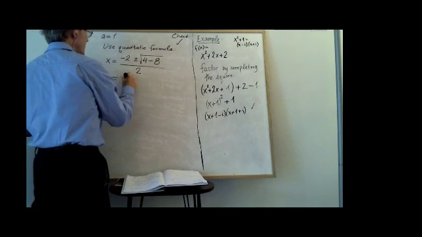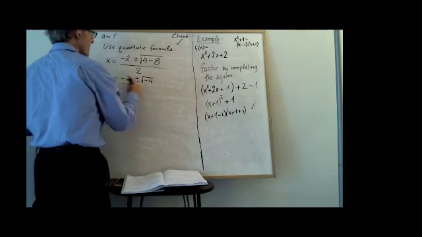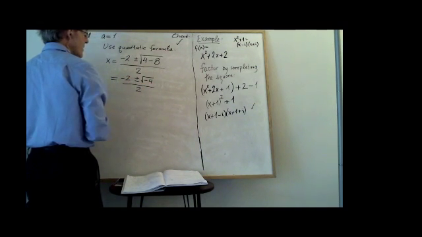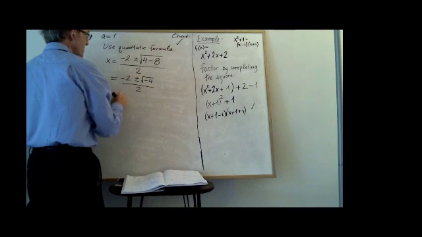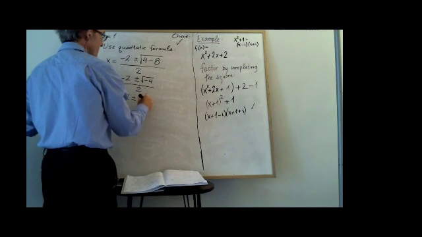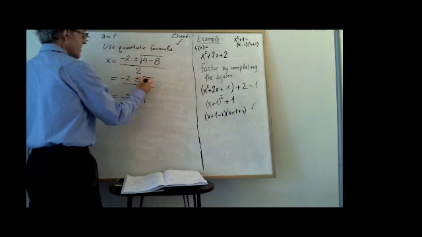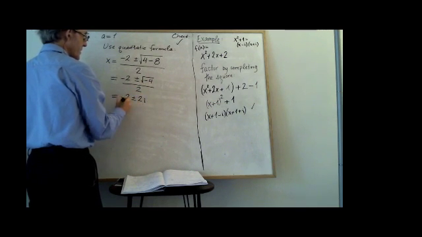Okay, so here I get minus 2 plus or minus the square root of minus 4, over 2. So I get minus 2 plus or minus, this whole thing is 2i. So I can take the 4 out first, and I get 2 outside, and then square root of minus 1, which is i.